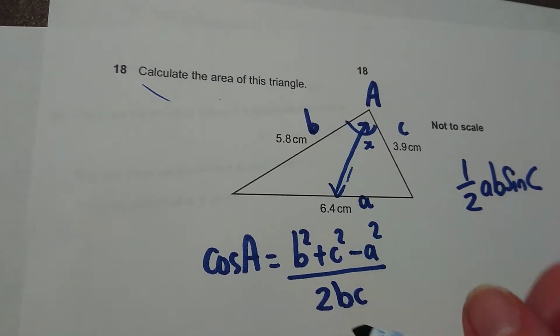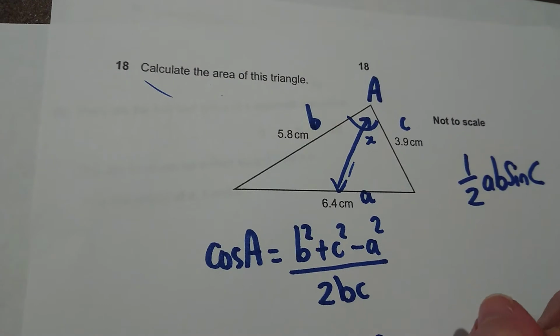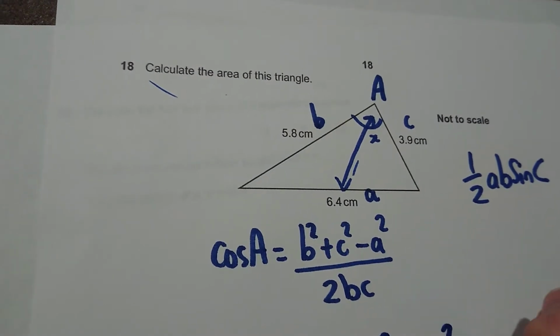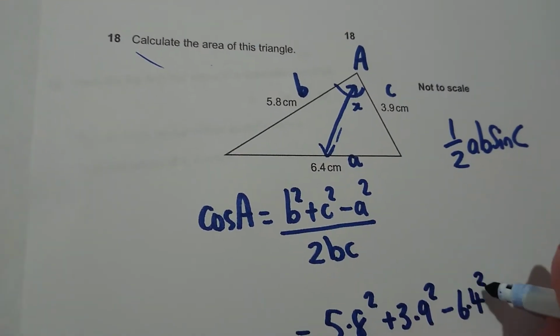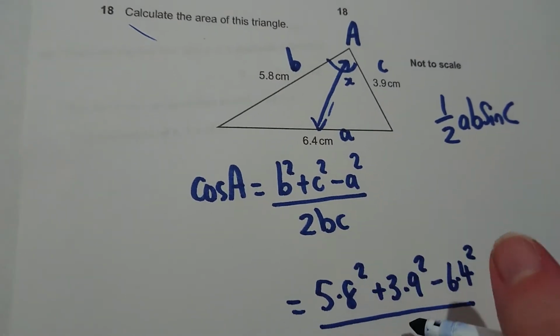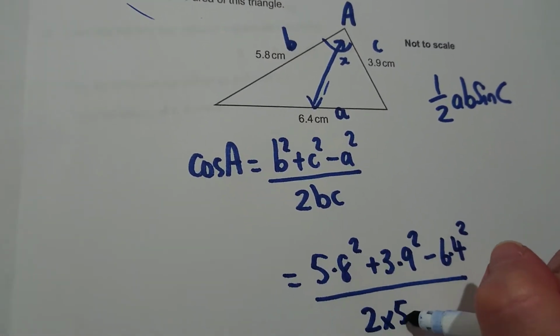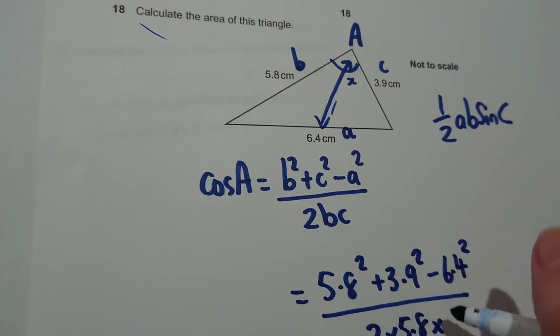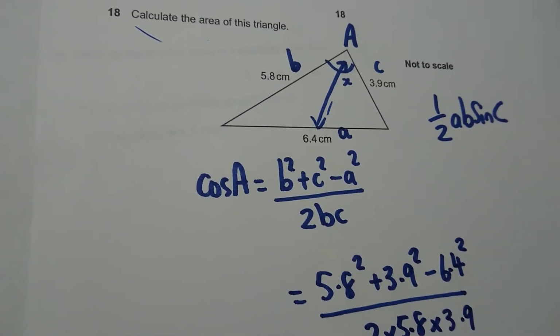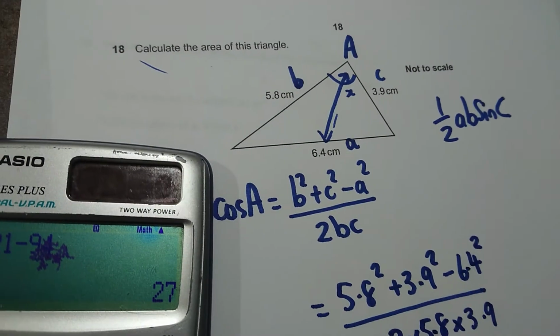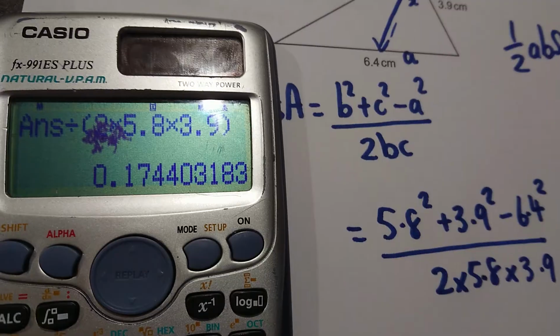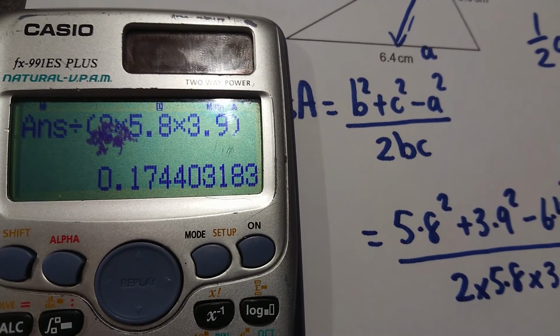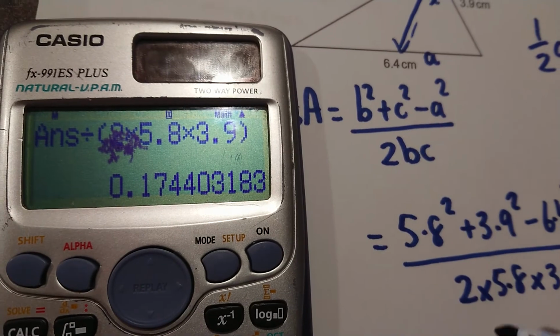So it's going to be 5.8 squared plus 3.9 squared minus 6.4 squared over 2 times b times c. So 2 times 5.8 times 3.9. Sorry, I'm going to pause the video while I work that out. Okay, so you can see hopefully my answer there on the calculator, which is really small.